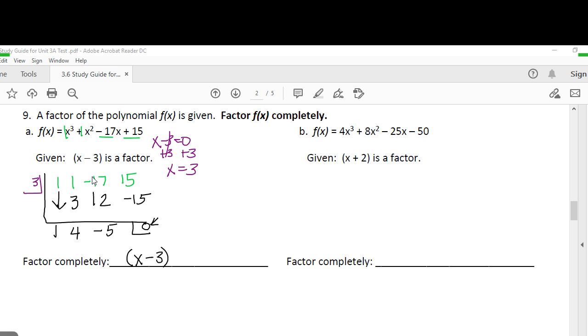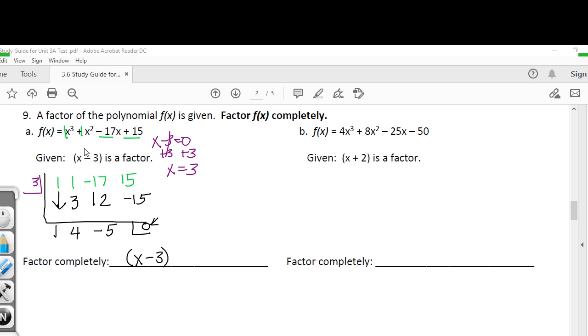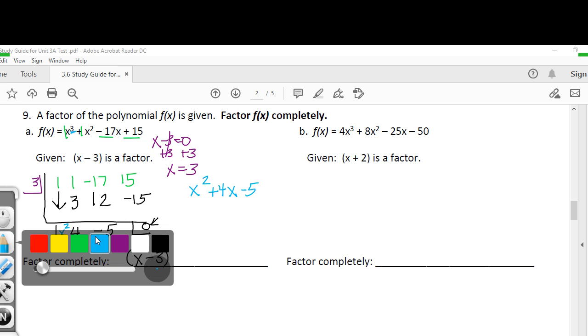Okay. To find my other factors, I'm going to take what is left over. So if you remember, if I started with the cube here, I'm going to go 1 degree lower with an x squared. So I'm going to have x squared plus 4x minus 5, and I'm going to factor.